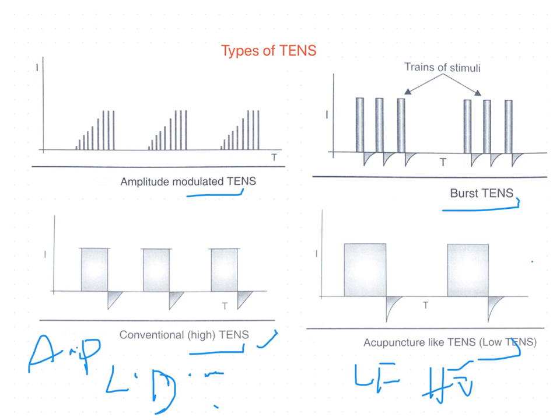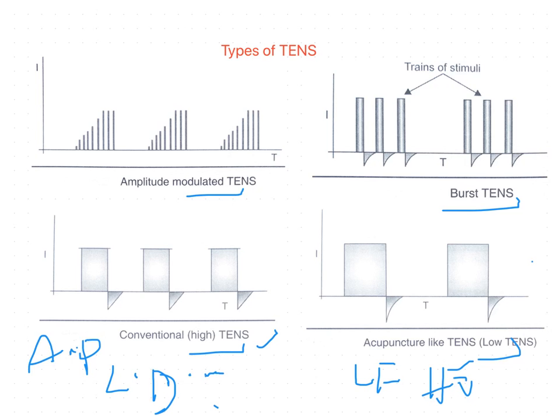So the low TENS acts at which level? That is extra segmental level. So low TENS is acting at the extra segmental level, that is the descending pain suppression system.